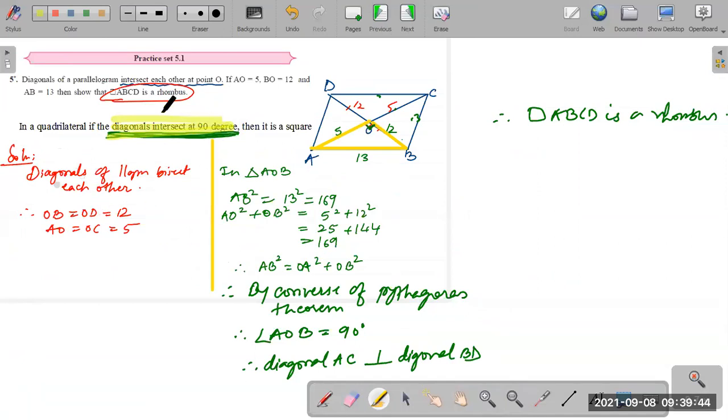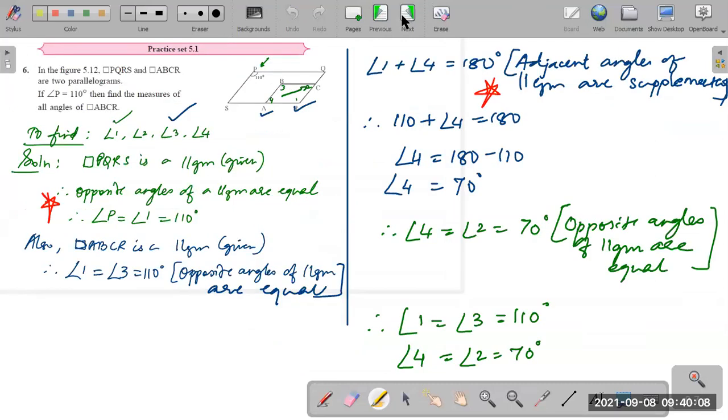So you need to understand a few tricks. It won't be clearly stated that you have to prove the diagonals are at 90 degrees. So mark out these types of questions so that you can revise them during exams.